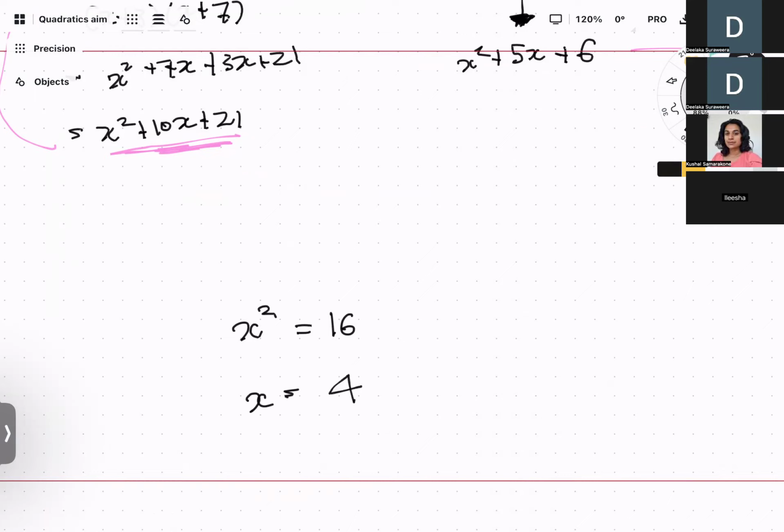What's your answer? Cool. What about everyone else? X could equal -4. Good point. 4 is an answer, but also -4. Now, this is a very early common misconception a lot of people have. They always forget the negative. Both the positive and the negative come into play here.